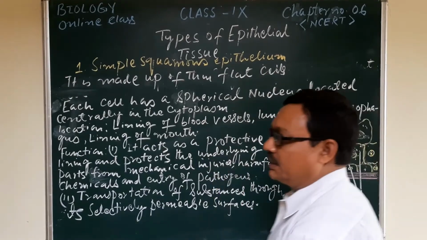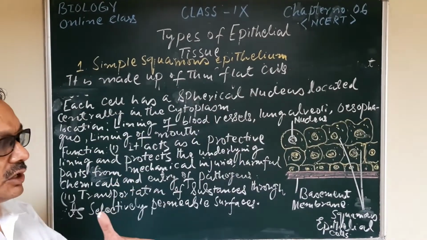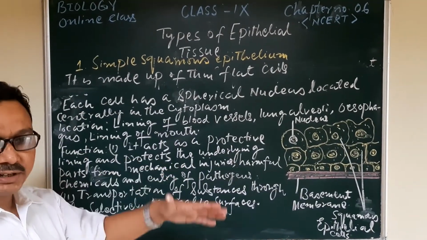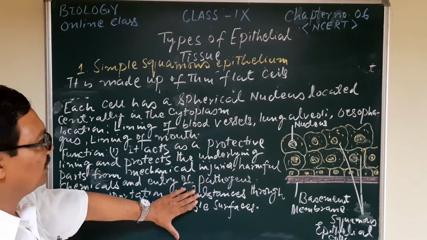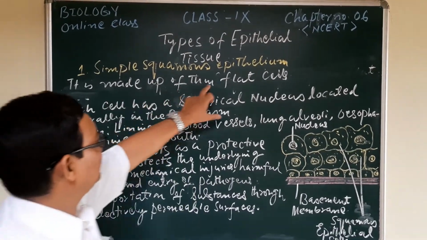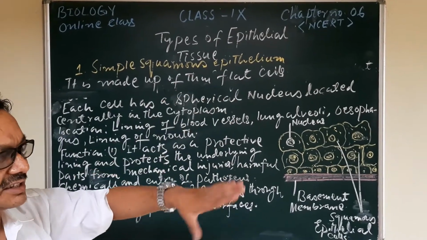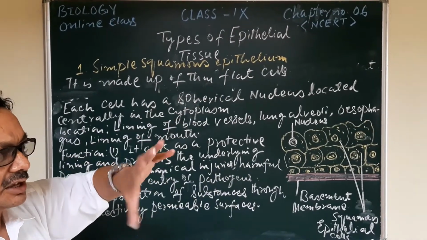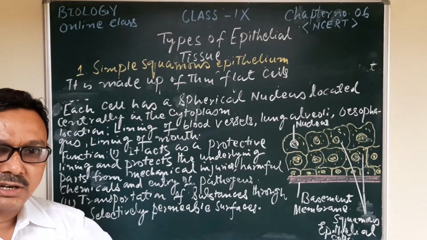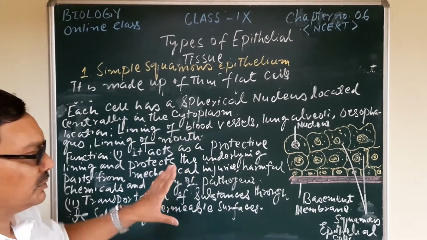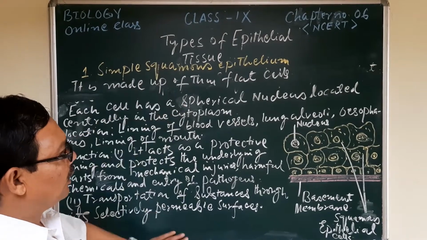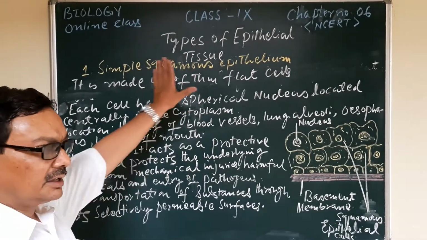These are the classifications based on the layer of cells. It is a single layer of cell, made up of thin flat cells. You may have seen in the basic characteristic features that the cells may be flat, cuboidal, or columnar in shape, and that is applicable to all the different types of epithelium.